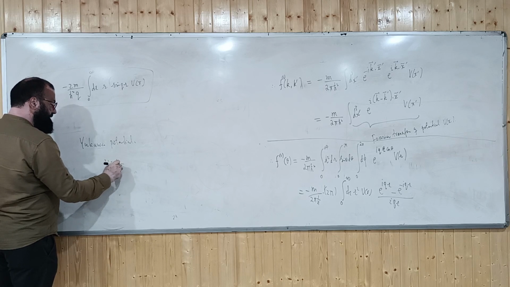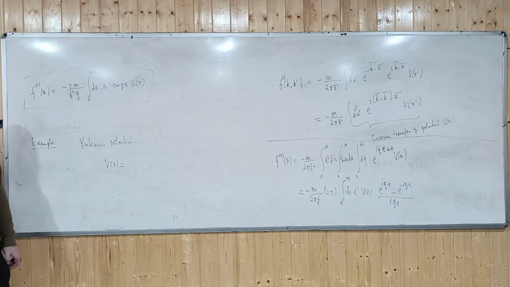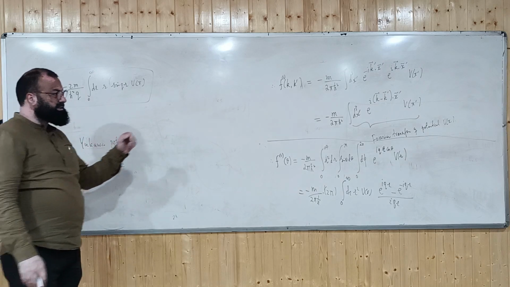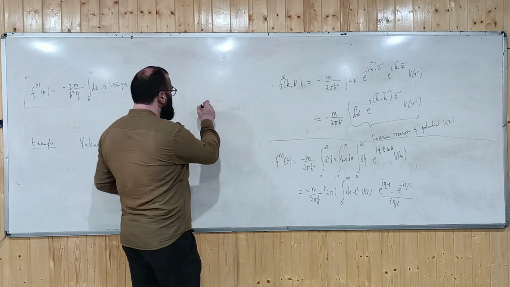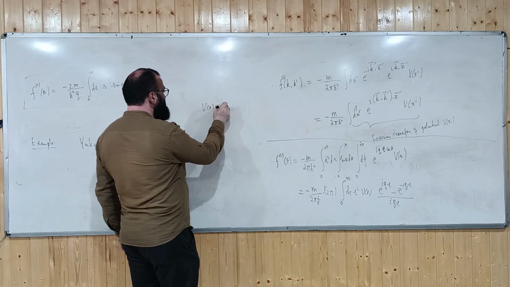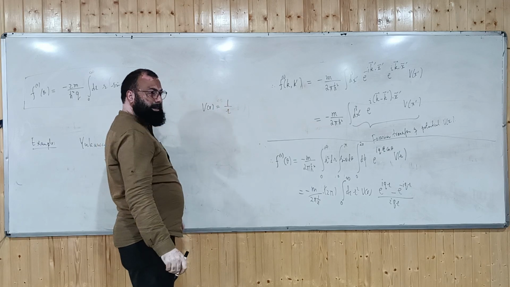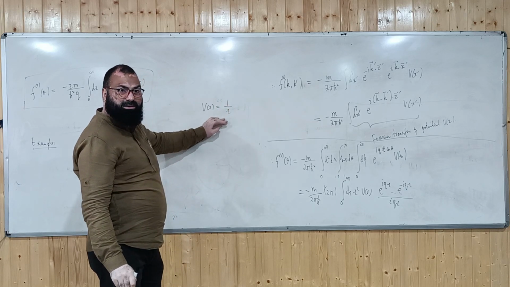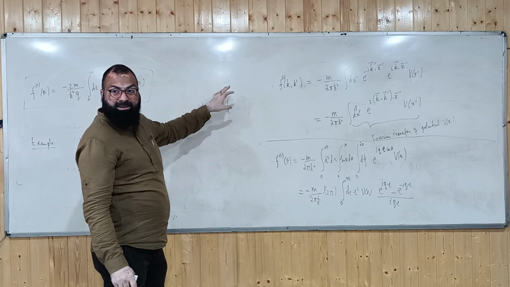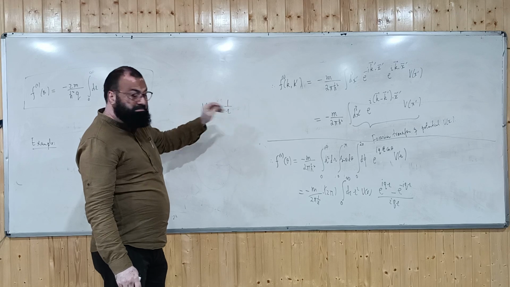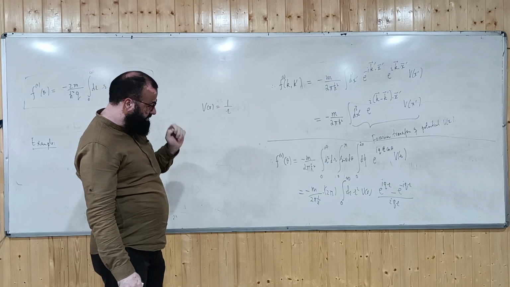We know the Yukawa potential is simply the screened Coulomb potential. If you simply write the Coulomb potential V of r equal to 1 by r, you will not be able to calculate that integral. It will diverge.